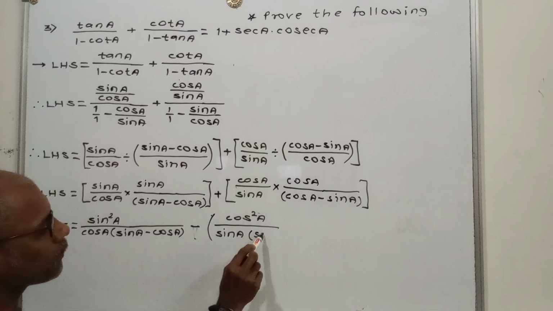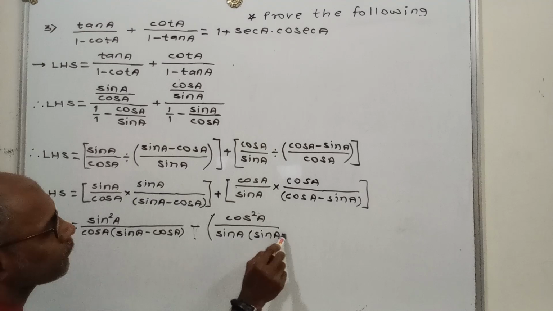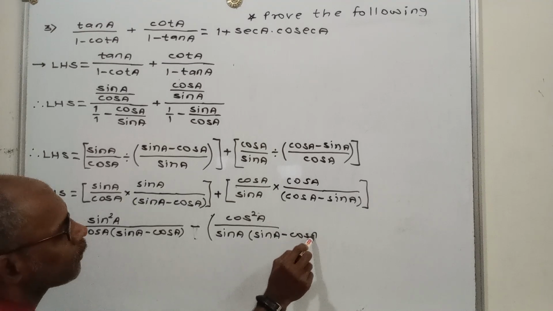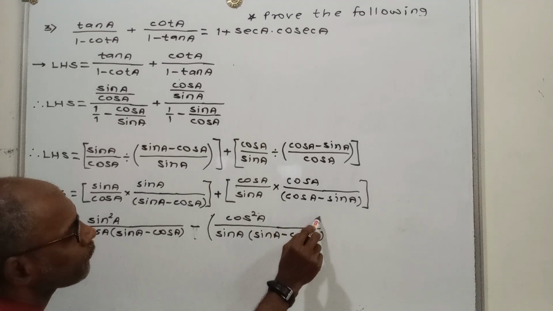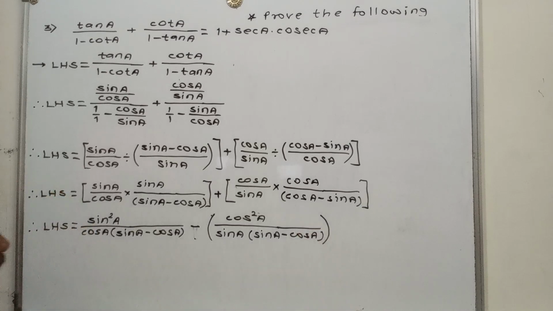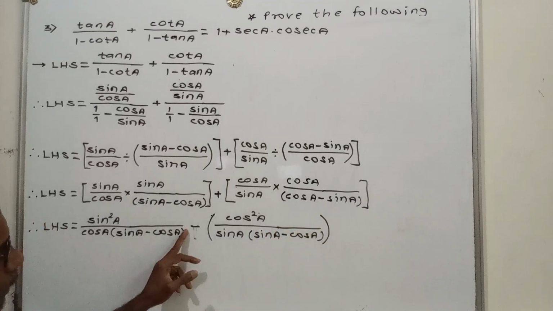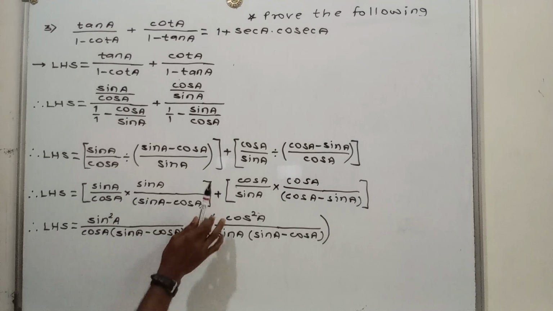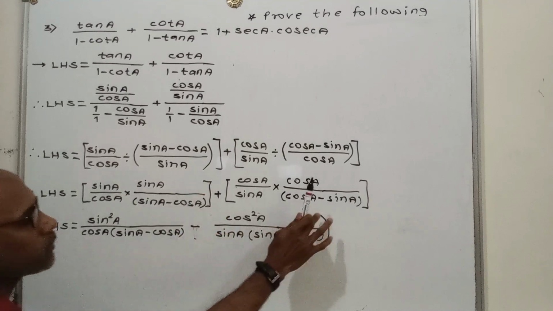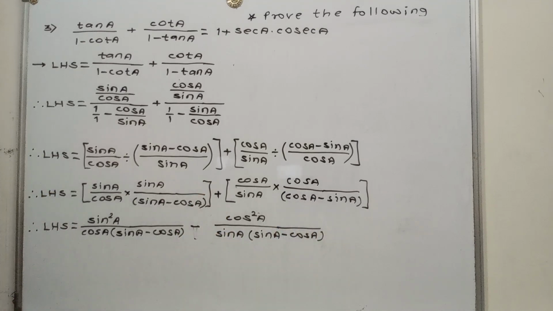Therefore, sin A minus cos A. This is our second term. Means here minus into plus, minus, minus into minus, plus. Now there is no need of this bracket.